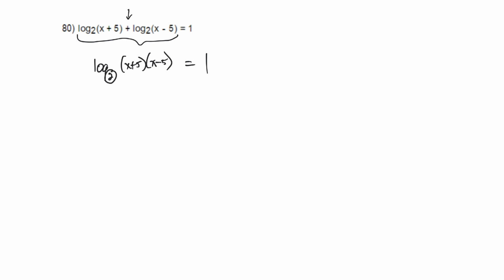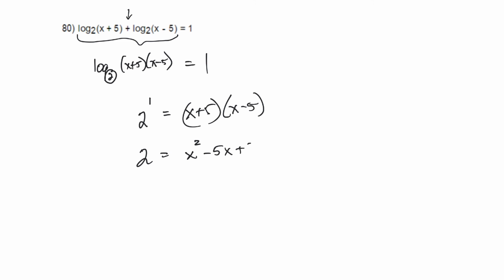So the base is 2, so it'd be 2 to the first is equal to x plus 5 times x minus 5. 2 to the first is just 2. If I FOIL this out, it becomes x squared minus 5x plus 5x minus 25. These will cancel, so I have 2 is equal to x squared minus 25.